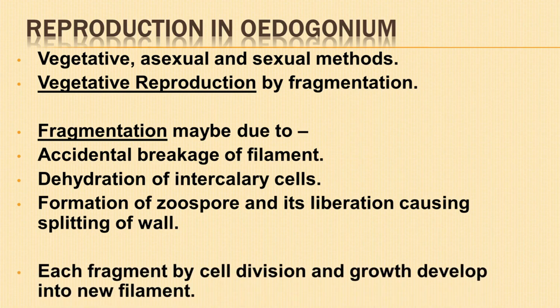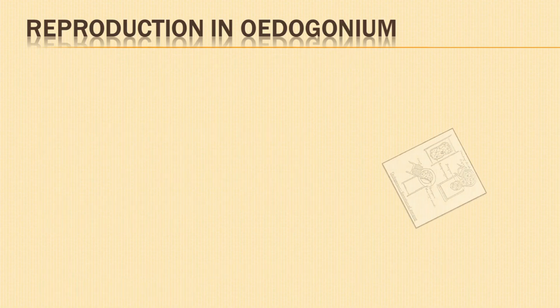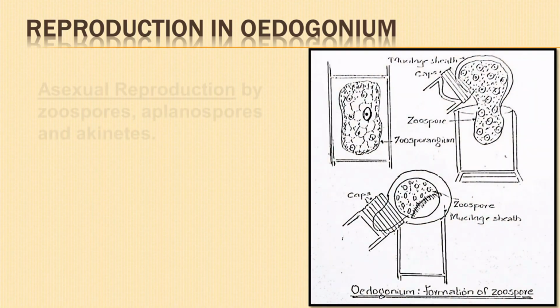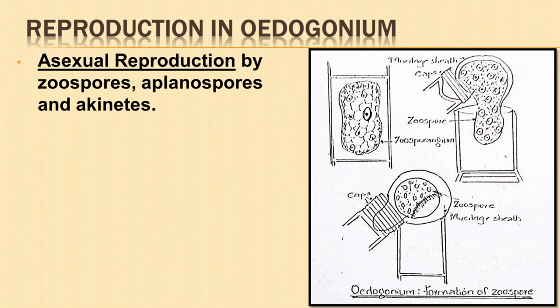Each broken fragment, which is detached from the thallus by cell division and growth, develops into a new filament under favorable conditions. In Oedogonium, asexual reproduction takes place by the formation of zoospores, aplanospores and akinetes.